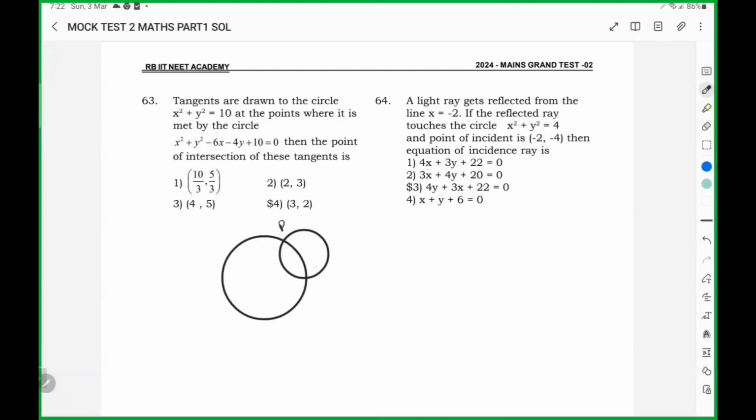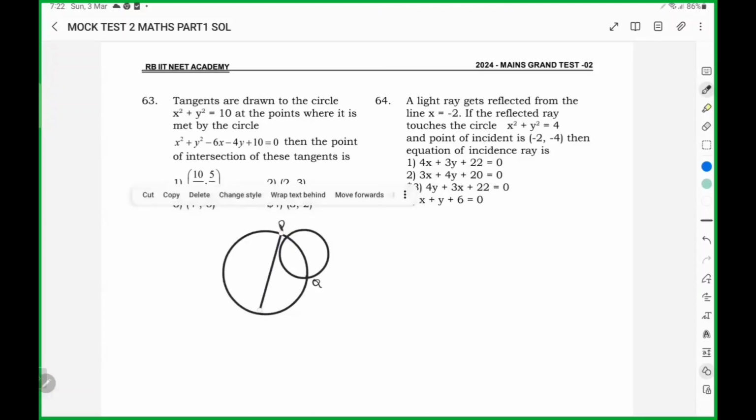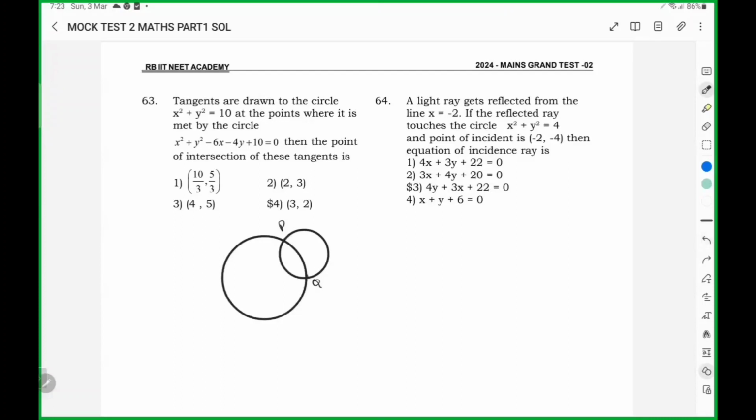Here it is meeting at P and Q. So now tangents are drawn at P and Q, and these tangents meet at the point x1 comma y1.